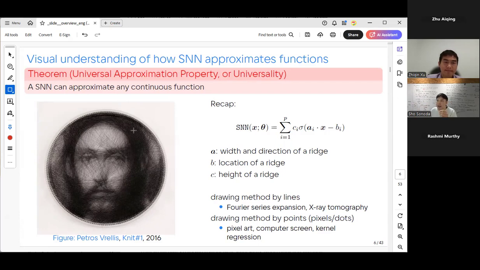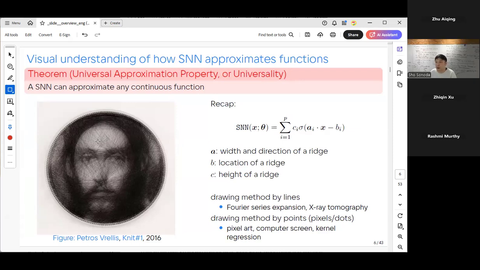If you gather cross points, you can make a darker area, right? On the other hand, if you avoid making cross points, you can make a brighter area. By controlling the density of cross points, you can make an arbitrary two-dimensional signal. This is an intuitive understanding of how a neural network approximates a two-dimensional signal.